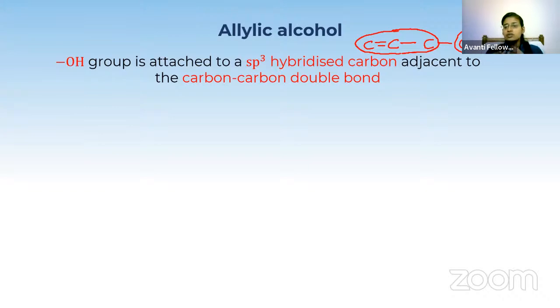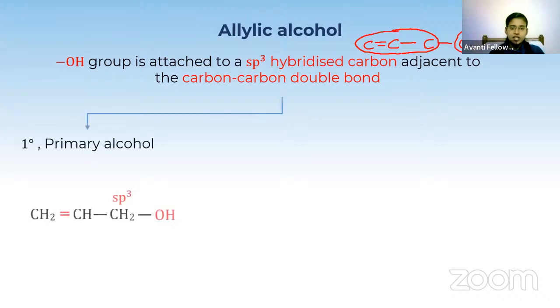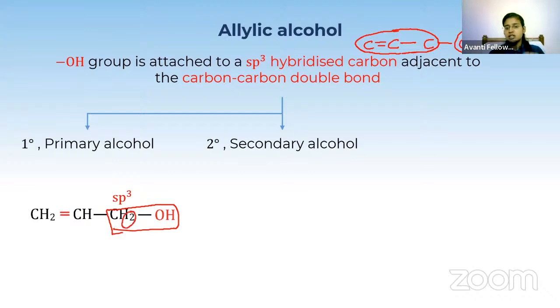So in allylic also we have primary, secondary and tertiary. Let me go into the primary alcohol. 1 degree, primary alcohol. So CH2 double bond CH, single bond CH2OH is the example for primary. Now how to get the secondary alcohol? Primary means we will have CH2OH component here. To get the secondary alcohol, what I have to do? Here I have 2 hydrogens, right? The sp3 carbon containing hydrogens.